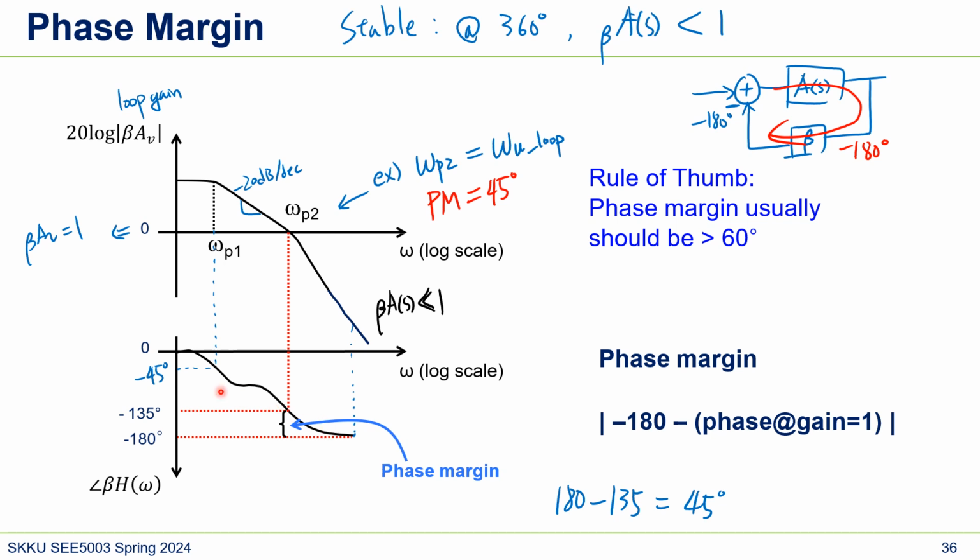This graph and the poles can change, so they can move back and forth because of PVT. That's why we want margin, because PVT will give us some uncertainty. So literally we want some margin to make the system stable.